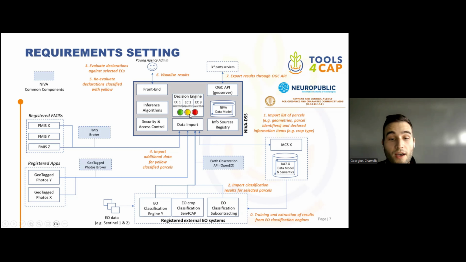For the yellow outcomes to be marked as green, registered FMIS, Farm Management Information System providers can be connected in this system, and also farmers can provide geotagged photos with a registered authorized application in order to continue with the evaluation, and in the end export the results through an API to other services.